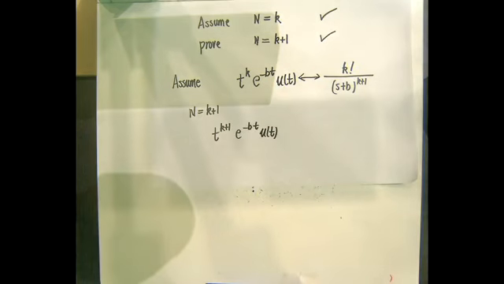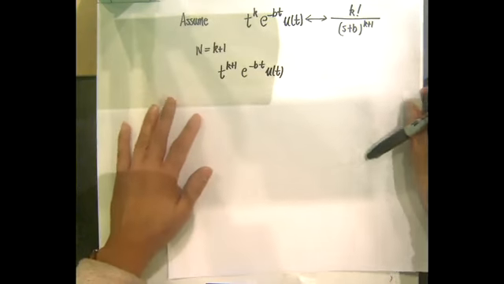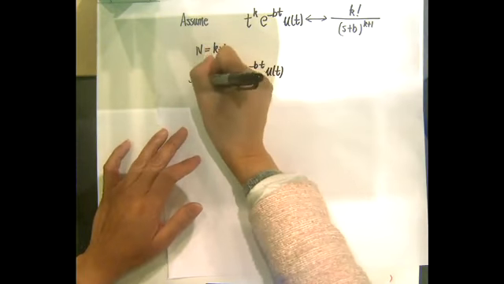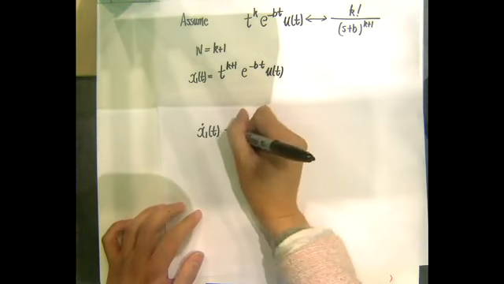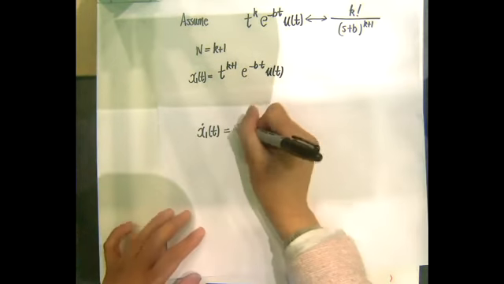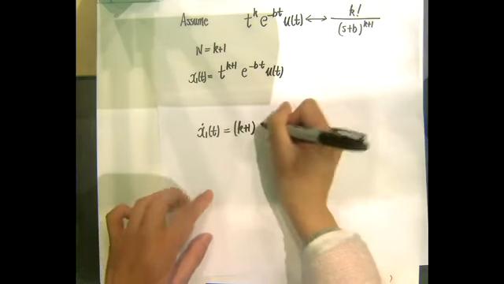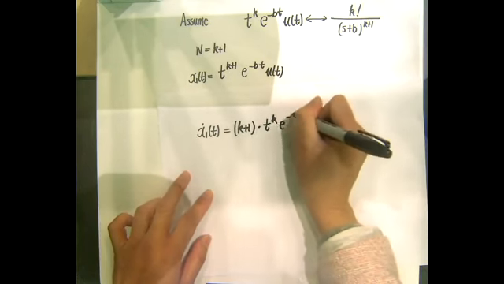So that's why I provide the second method. I will call this x1(t), which is always changing, and I will take the derivative of x1(t). Again, as I explained earlier, I completely ignore u(t) because my Laplace transform considers from 0 to infinity. So in this case, taking the derivative of the first term, we'll have (k+1) t^k e^(-bt).